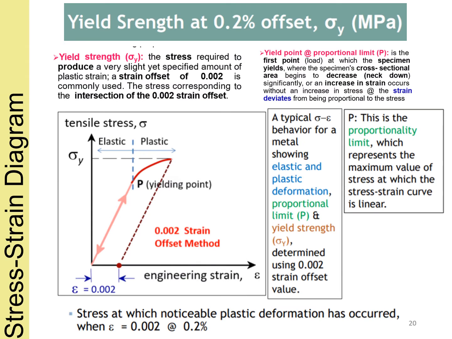Okay, so we look first at the yield strength at the 0.2% offset, which is denoted by sigma at the yield point, and the unit is megapascal.